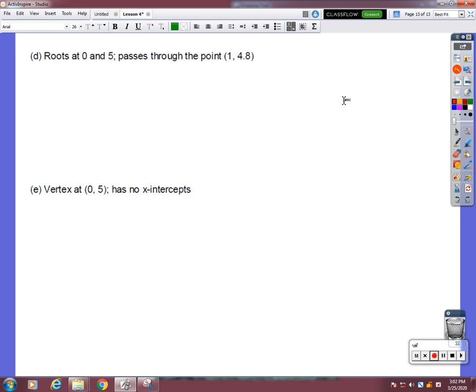Okay. All right, let's try this one. Roots at 0, 5 and passes through the point 1, comma 4.8. So y equals, it's giving us the intercepts, so I'm going to use the factored form. y equals a times x minus 0 times x minus 5.